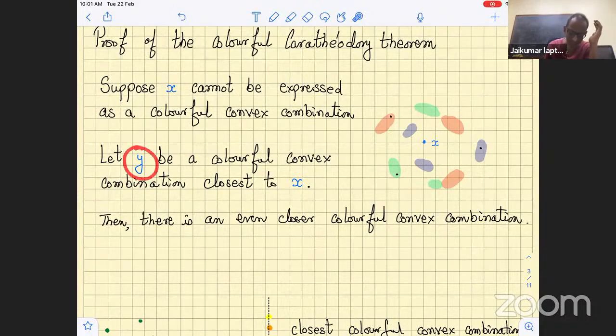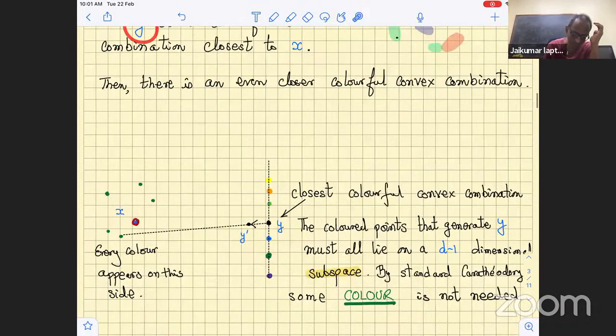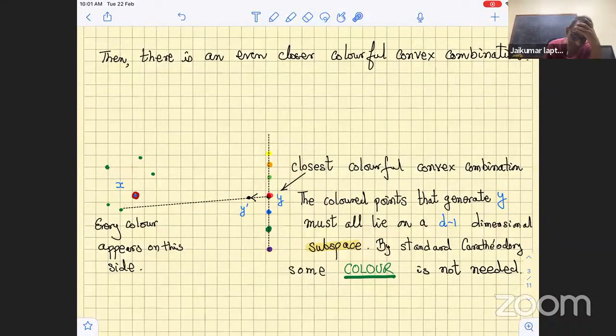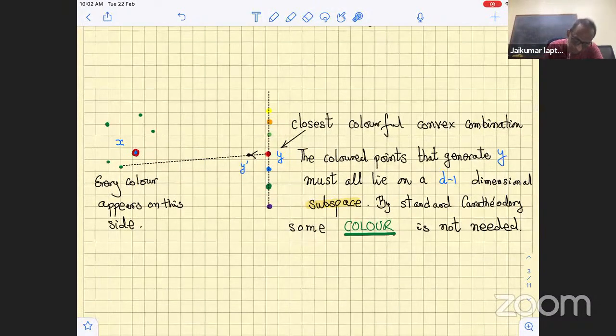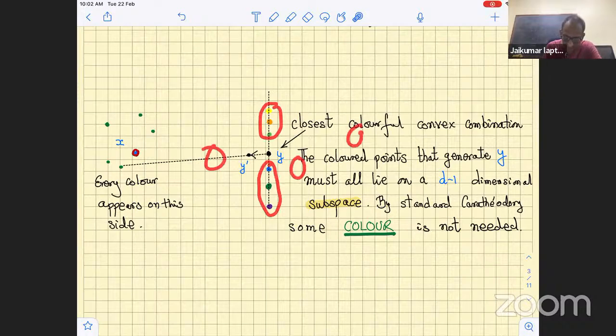So let's assume that there is such a Y, and we are going to claim that there is a contradiction. This Y is a convex combination of some colorful set of points. Maybe some are on this side, some are on that side.